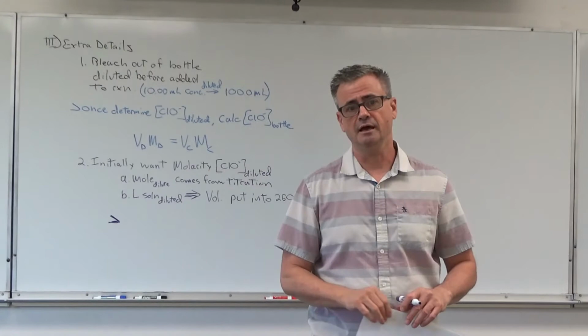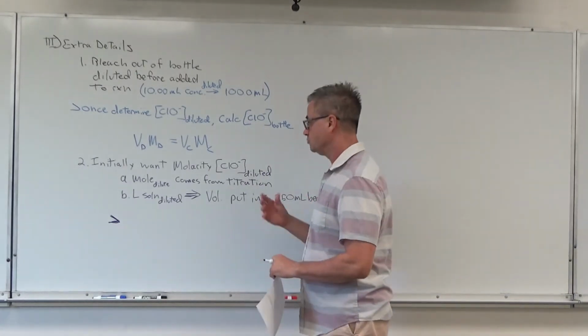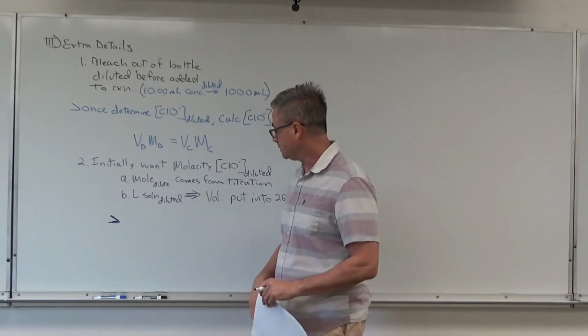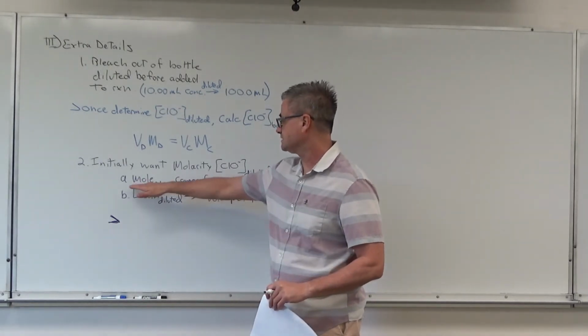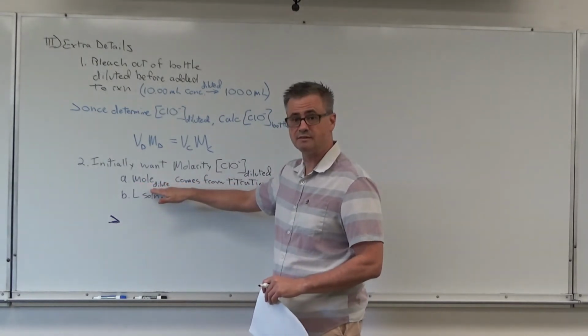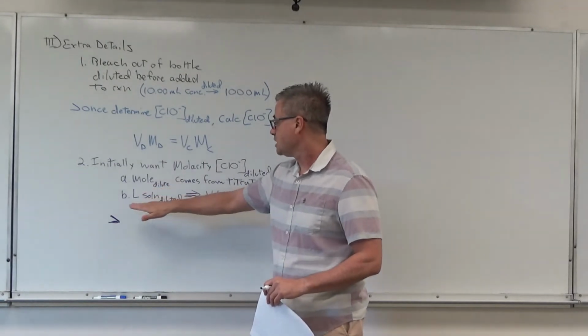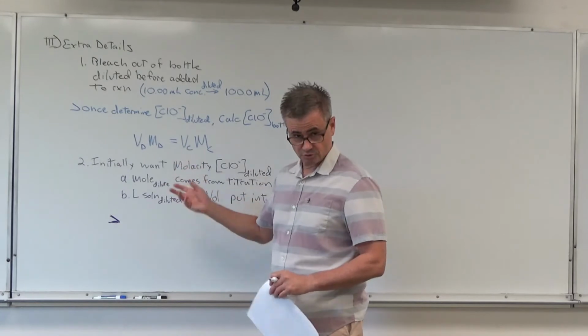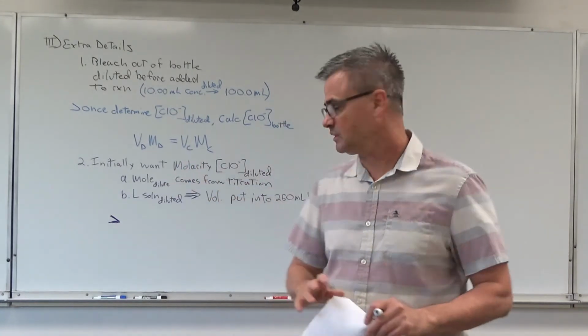So when we add the other solutions, that's not going to change how many moles of hypochlorite we put in there in the beginning, nor will it change what volume of the hypochlorite solution we put in there.